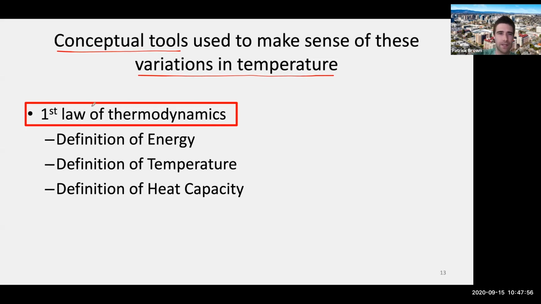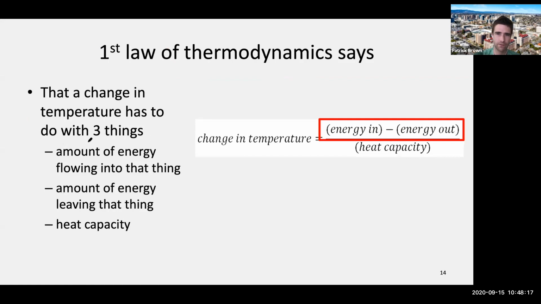They all basically go back to the first law of thermodynamics. And then we'll go through each one of these individually. We have to understand basically just the definition of energy, the definition of temperature, and then the definition of heat capacity. So here is our equation for the first law of thermodynamics.